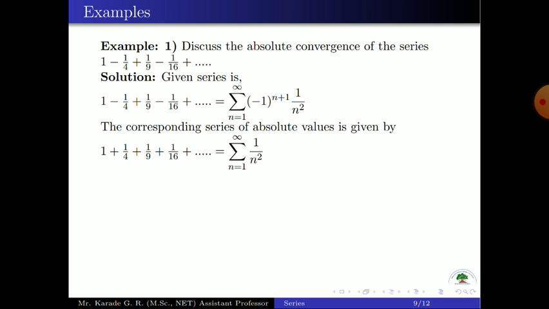If I put n equal to 1, 2, 3, 4, we will get all the terms of that absolute series. We observe that this series is a p series with p equal to 2, which is greater than 1, and hence it is convergent.